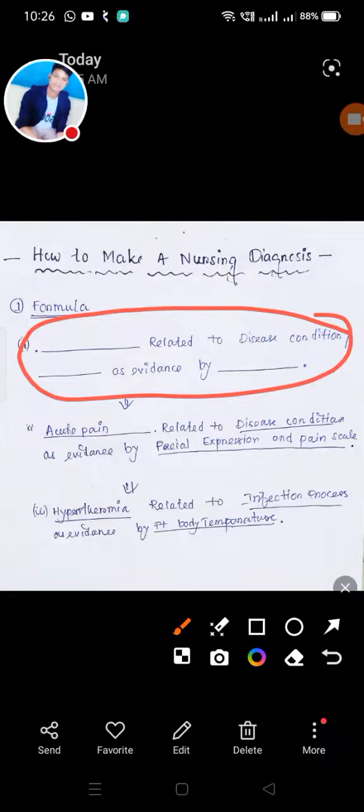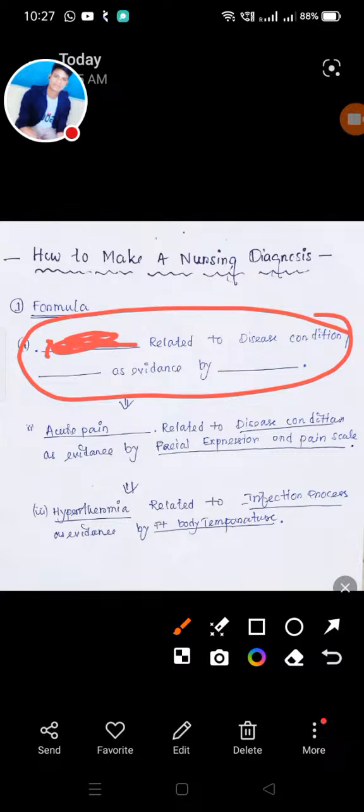Any other diagnosis, like discomfort, fluid volume deficiency, anorexia, or sleeping disturbance, any sign and symptom diagnosis. Sleeping disturbance I am going to make. See, in the first dash what do we write? Disturbance in sleeping pattern. This is the sign and symptom I write here.